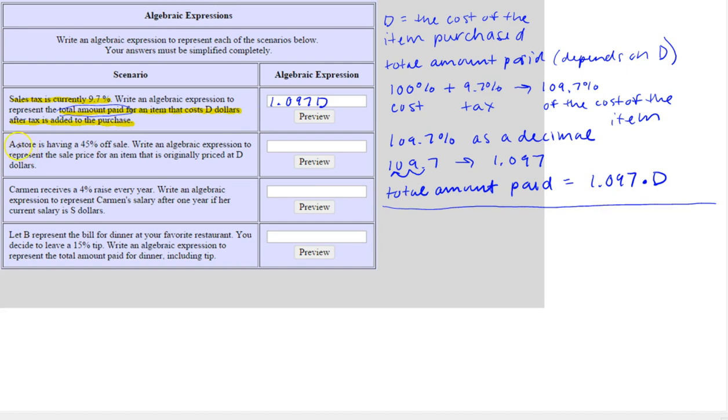A store is having a 45% off sale. Write an algebraic expression to represent the sale price for an item that is originally priced at D dollars. Okay. So we have D is the original price of the item.